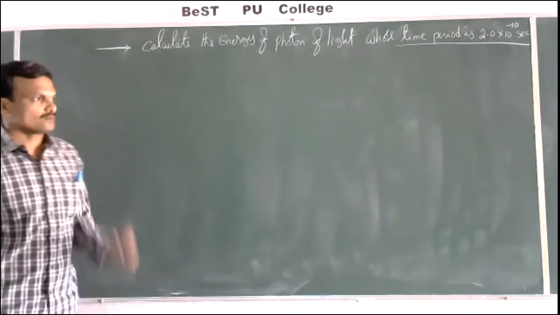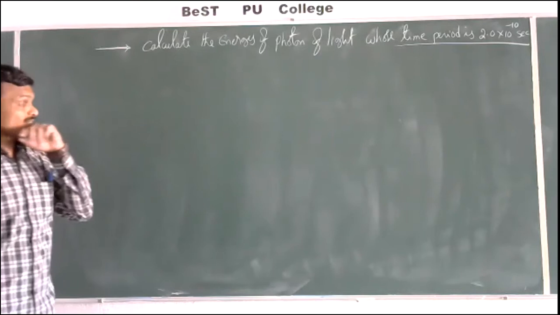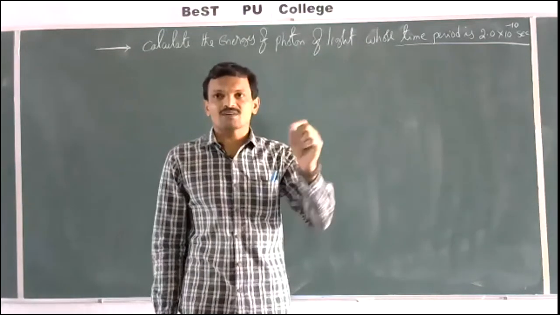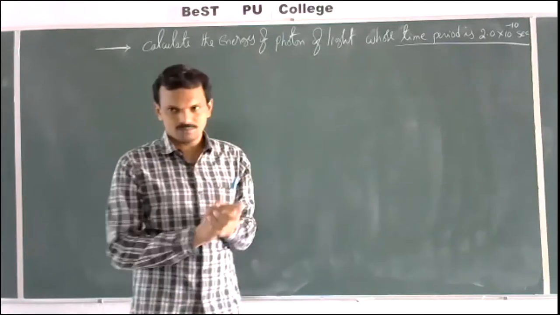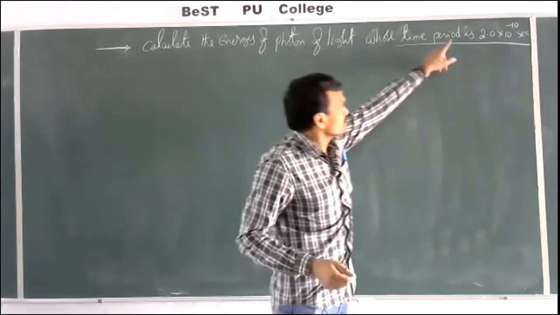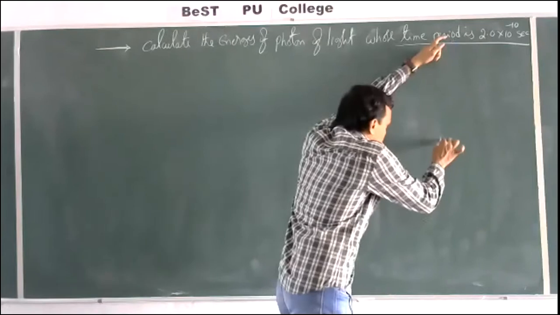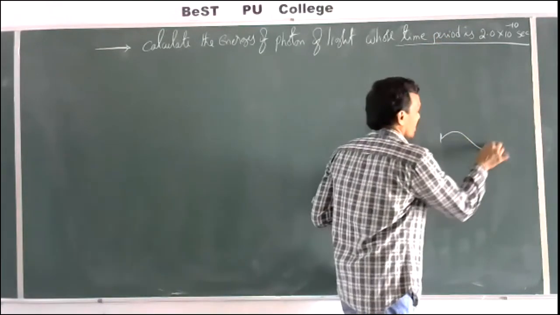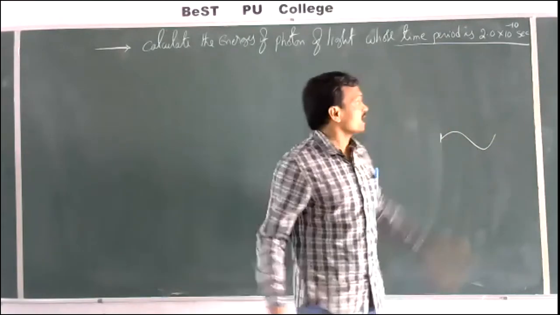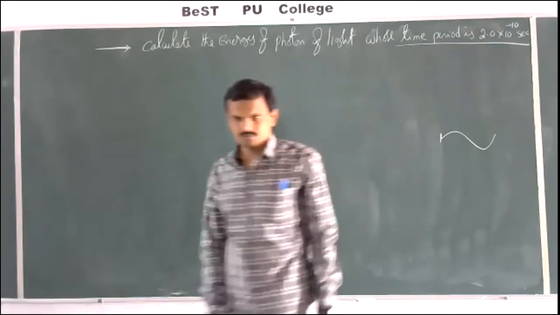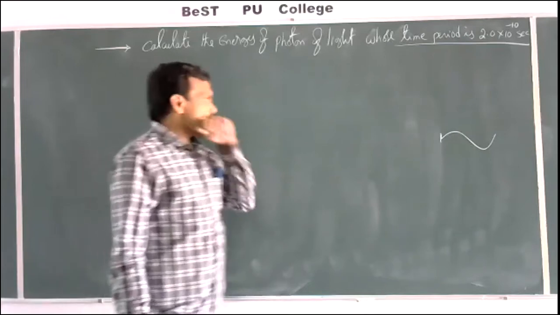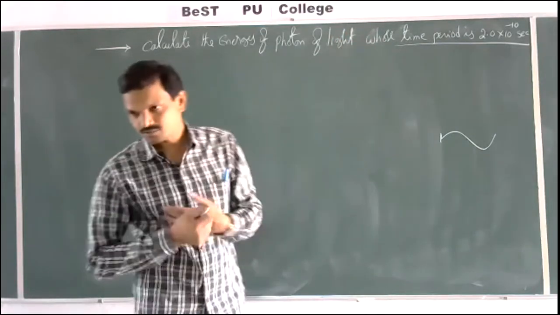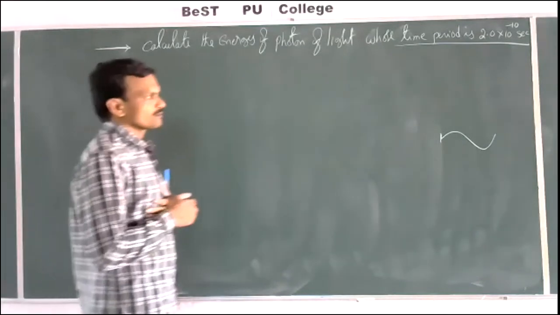Okay. The time period is nothing but the time taken for the transmission of one wave. That is, the time for the propagation of one wave through a point. Then how many waves pass through the point in 1 second, that is the frequency.